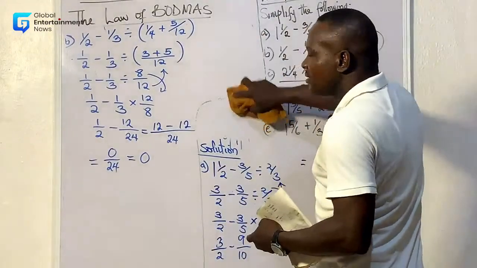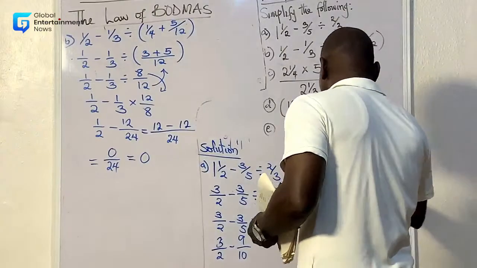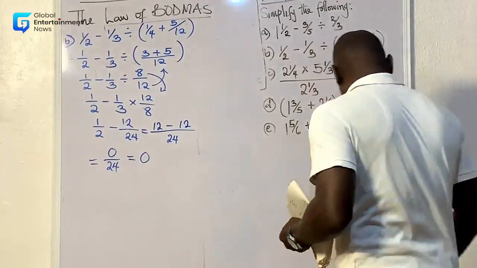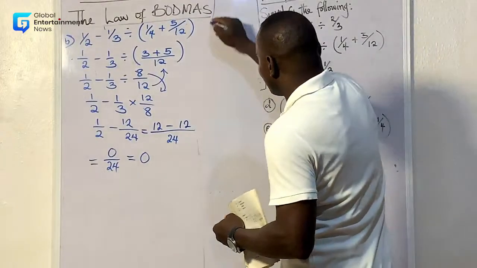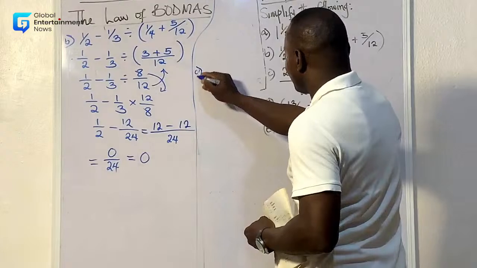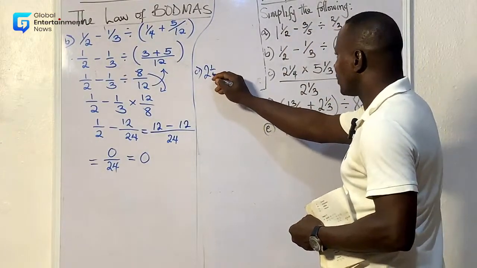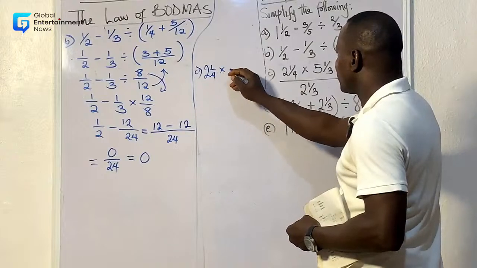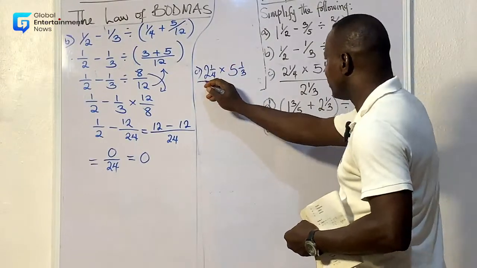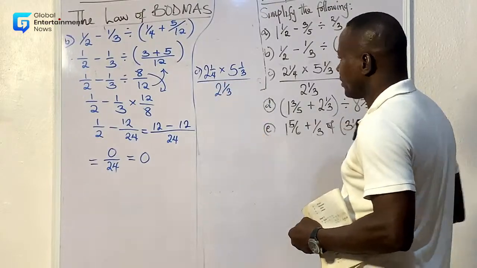Now, the third question. Now what is the third question? We have 2 whole number 1 all over 4 times 5 whole number 1 all over 3, all over 2 whole number 1 all over 3.